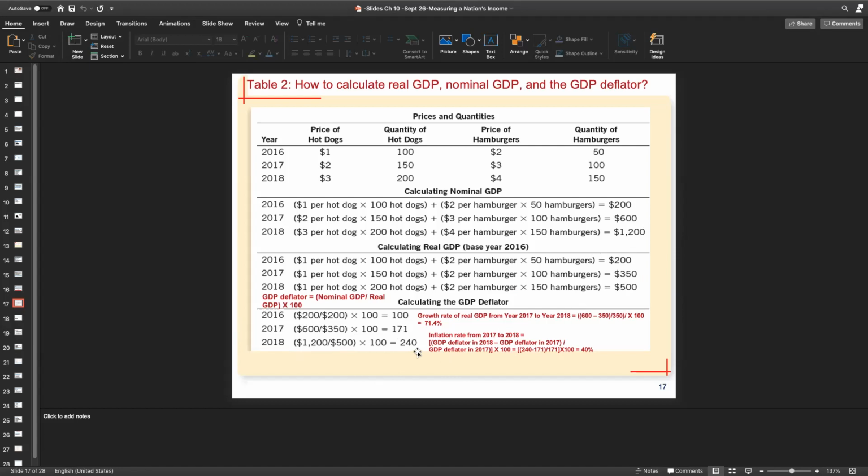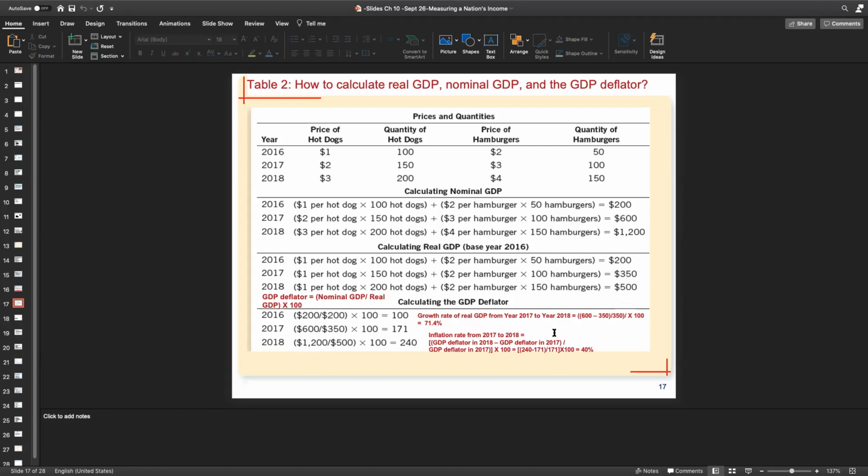Now, if you wanted to calculate also the growth rate of the real GDP from year 2017 to year 2018, in that case, you can subtract the real GDP from the nominal GDP, and then divide by nominal GDP in the year 2017.